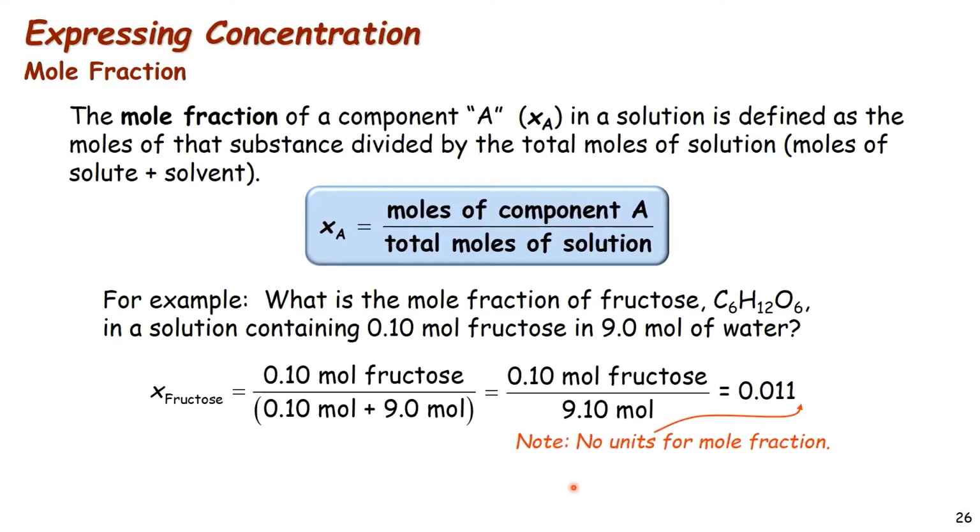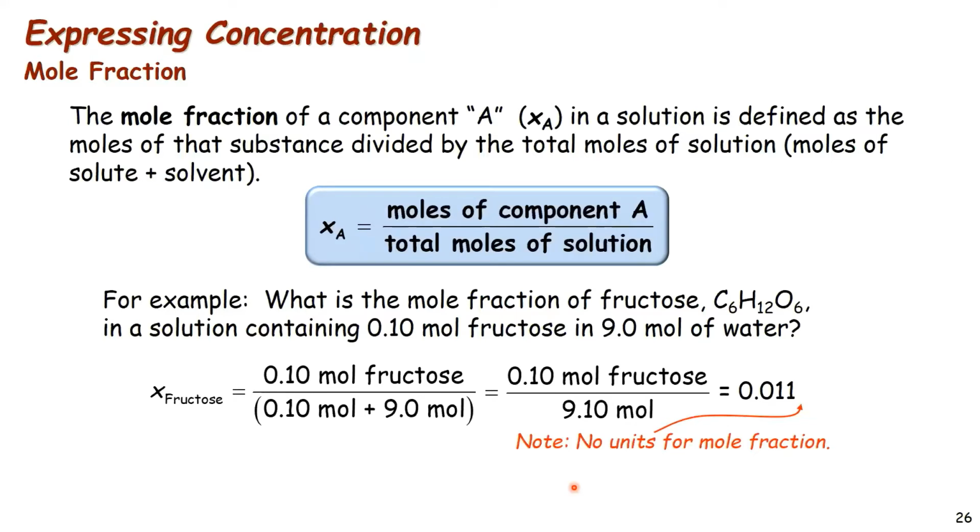It has no units. There's very few values in chemistry or science in general that have no units. And units are critical. No matter what the problem is, if you get the units wrong, I will take off at least 1 point. And if you don't give me units at all, I will take off at least 2 points, regardless of what the worth of the question is.